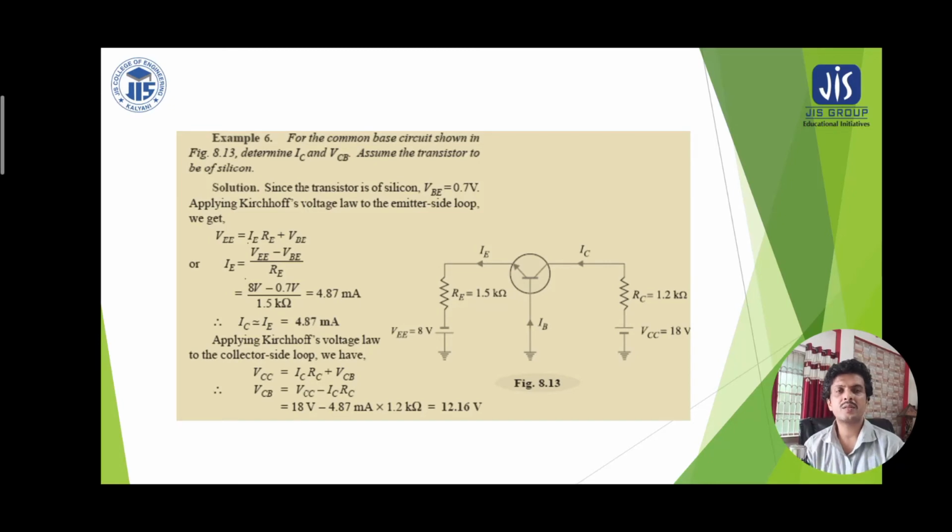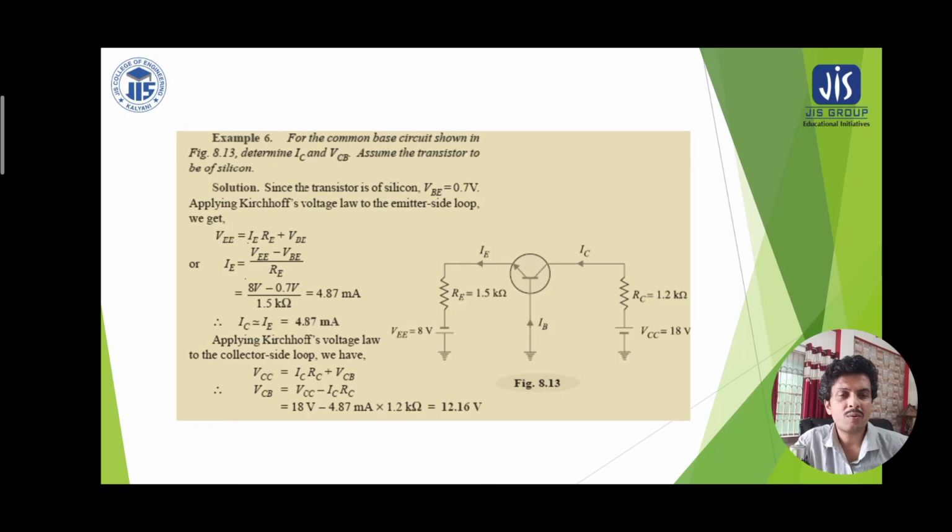So in this problem we can calculate the VEE from the input equation, VEE is equal to IERE plus VBE, and this shows the current IE may be calculated as 4.87 milliampere.